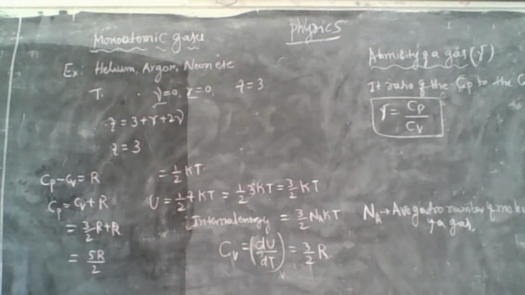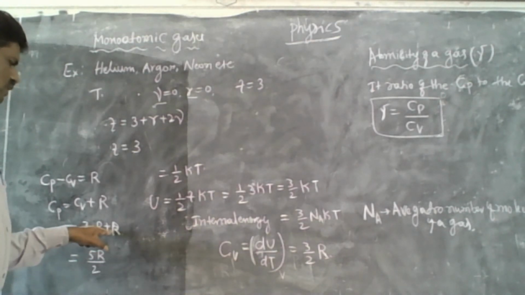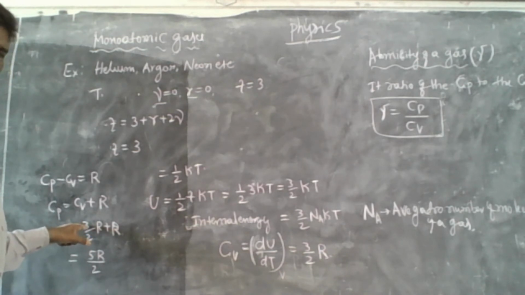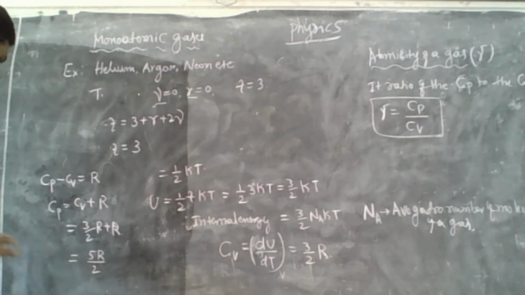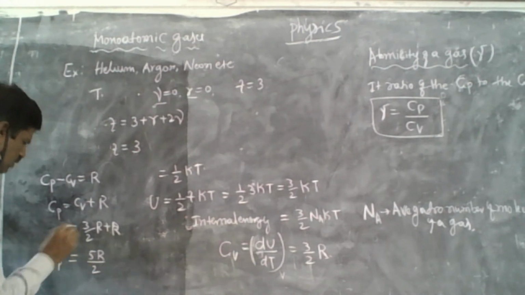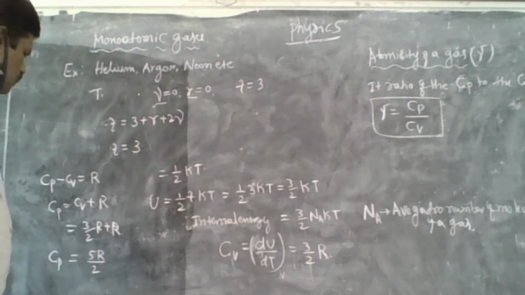So 2 into 1 is 2, plus 3 is 5, 5R by 2. Therefore, Cp is equal to 5R by 2.